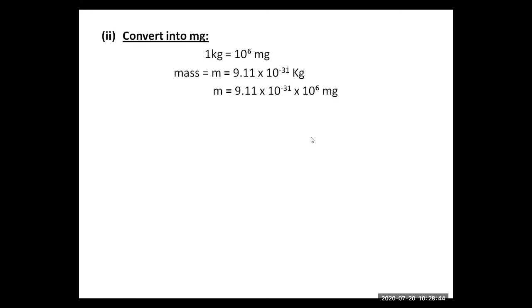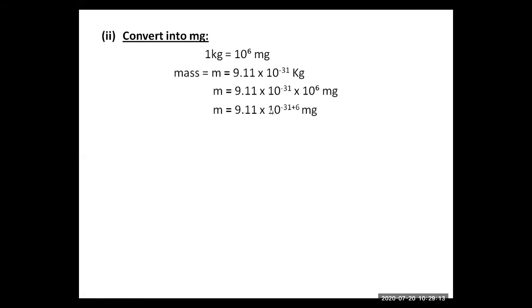Now on the next step, we will calculate according to algebraic multiplication. In algebra, we have studied that when the bases are similar in multiplication, then the powers will be added. So here m is equal to 9.11 multiplied by 10 raised to the power minus 31 plus 6.